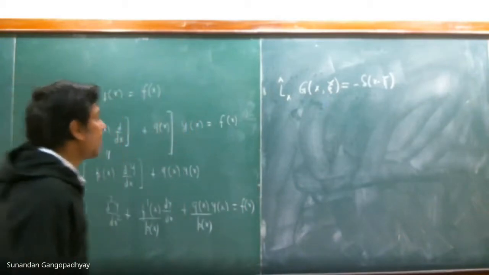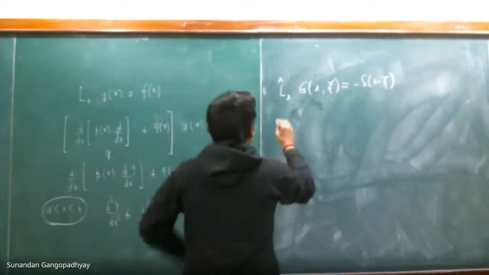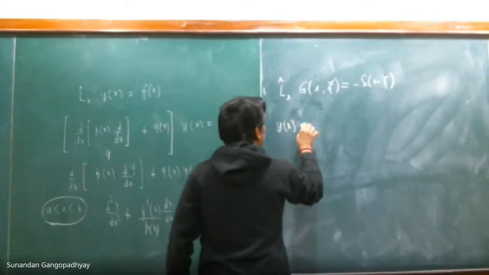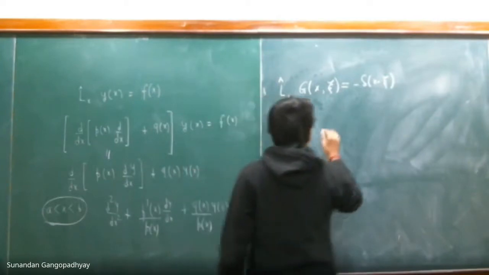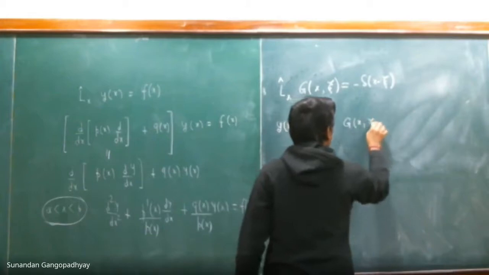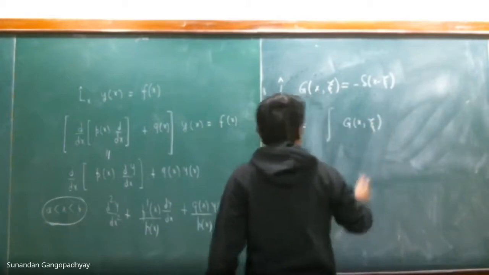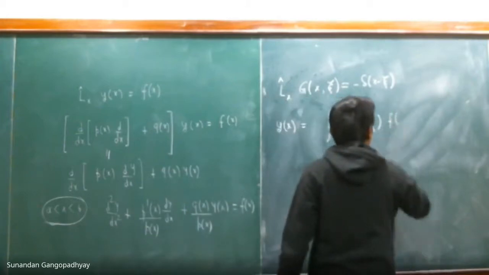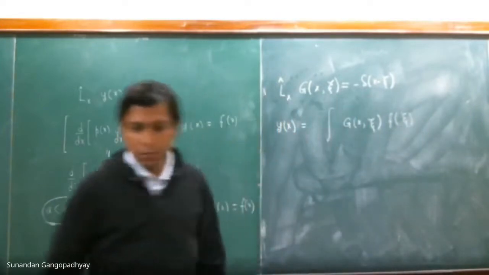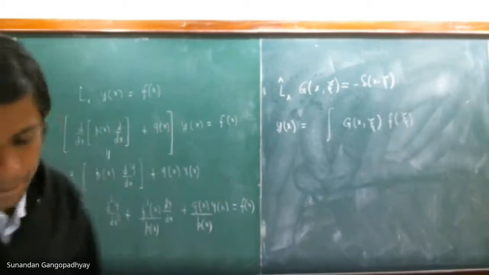So let us see what is the solution of the differential equation. The solution of this differential equation is nothing but the integral of g times f of xi d xi.